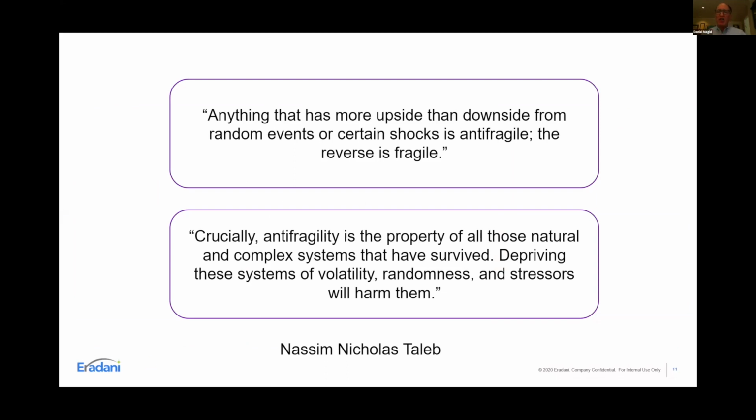Anything that has more upside than downside from random events or certain shocks is anti-fragile. The reverse is fragile. And I had a conversation with a customer just this morning that really brought this home to me. It's a company that's in the restaurant supply business, and you would think, gee, this would be a really, really difficult time to be in the restaurant supply business. And yet, what they've done is they've pivoted and they've created a whole new set of product lines for how restaurants are going to have to operate in the near future.